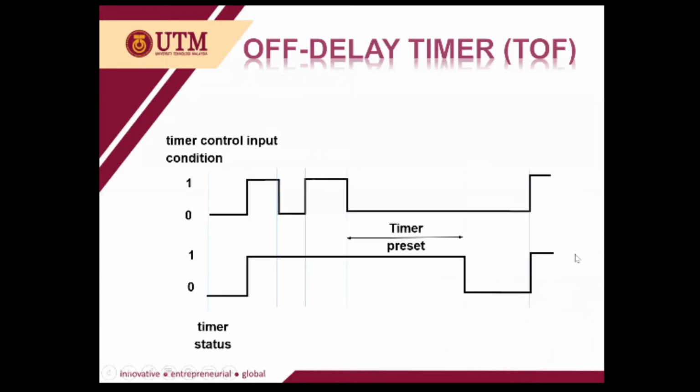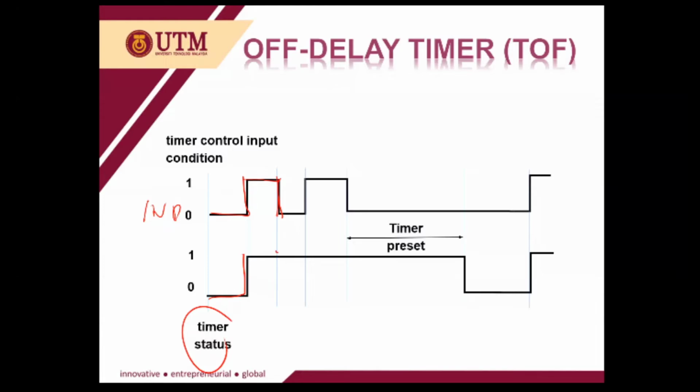Okay, if you look at the timing diagram here, this is your input, this is your timer. You press your input, your timer goes high. It will produce the output. And you release the input, from 1 becomes 0.